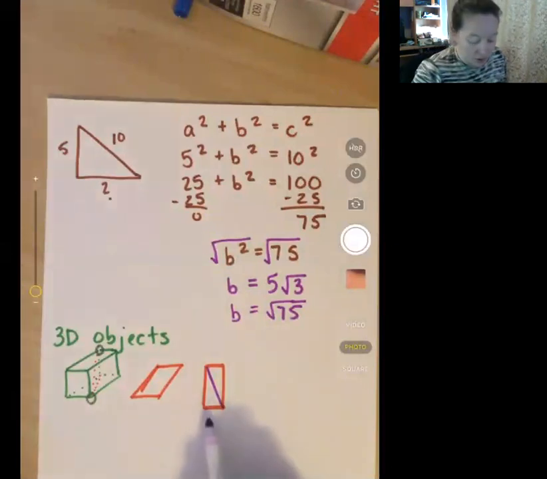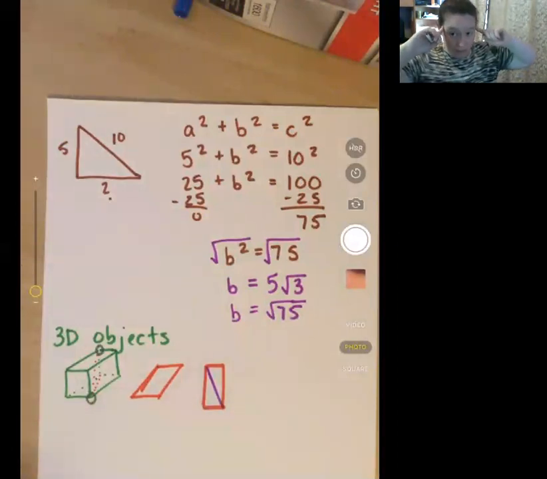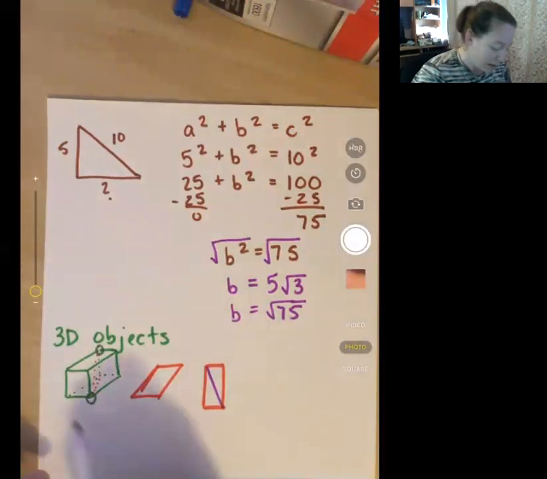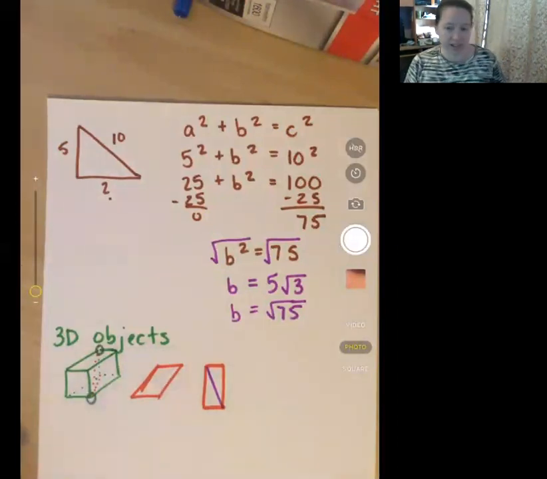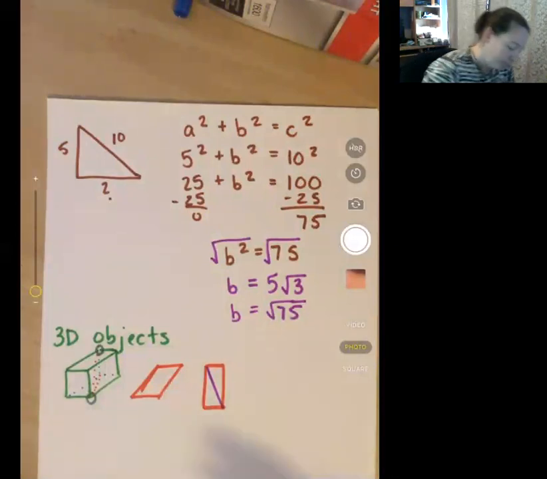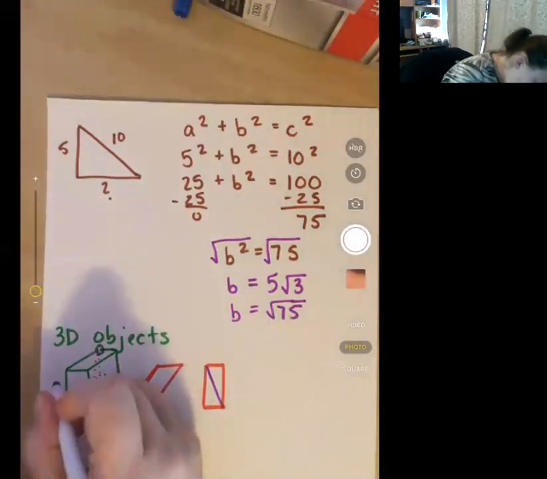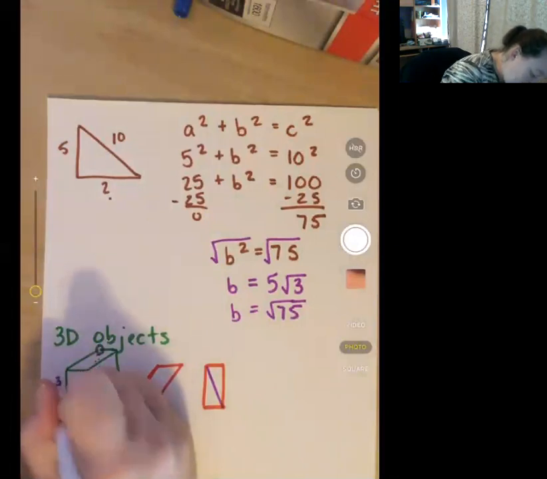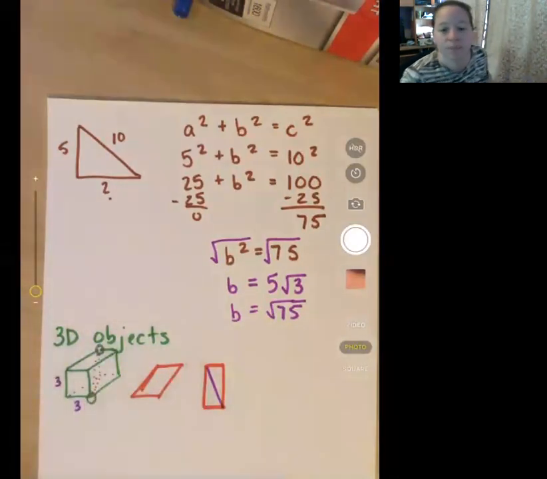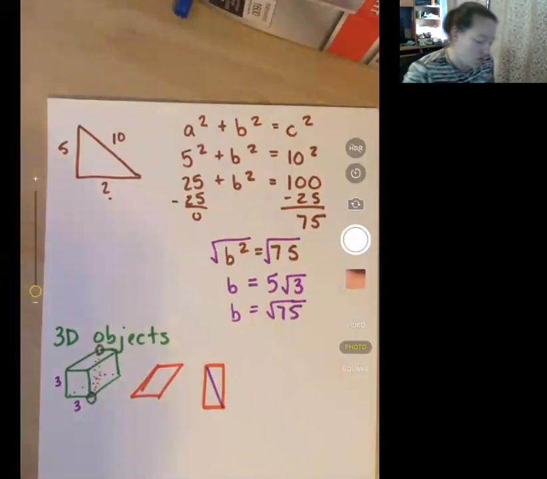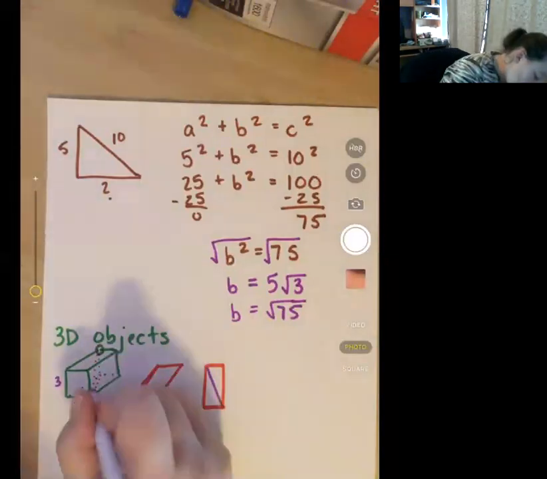All right, so if I know what all these lengths are, let's put some lengths on here to get this going. Let's say that this is a 3x3 box, and then the length is 12.